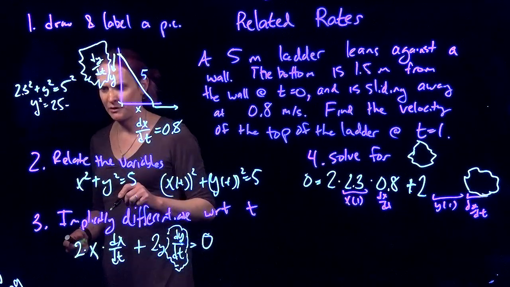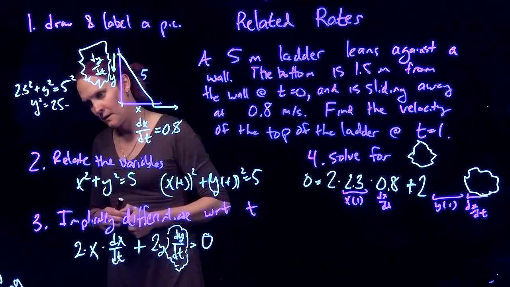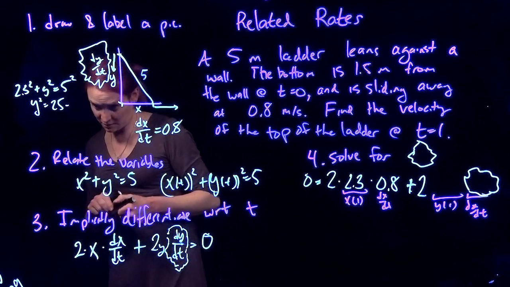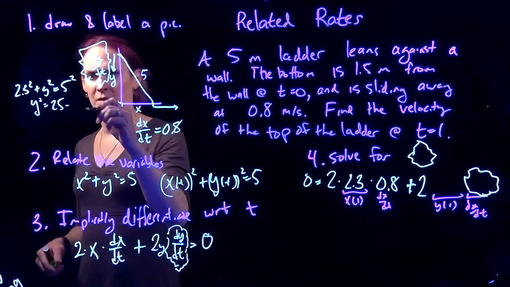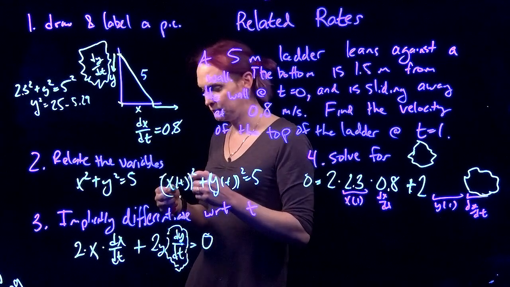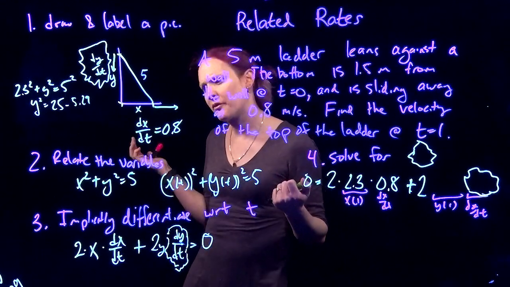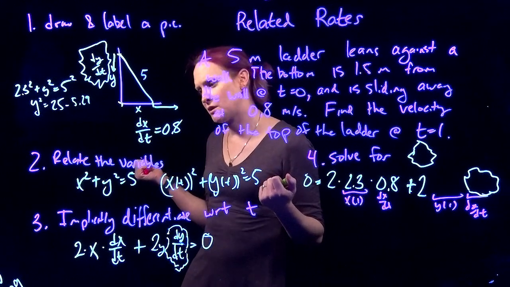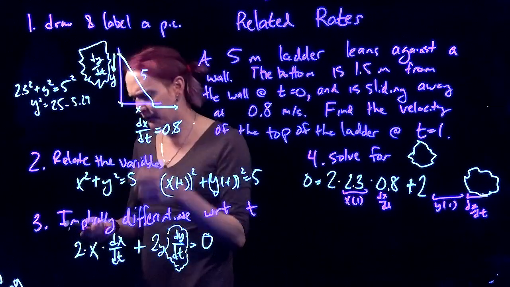I think it's 5.29. Yeah, because 2 times 2 is 4, and 2 times 3 is 6, so 2.3 times 2.3 is somewhere around 5. Seems good.